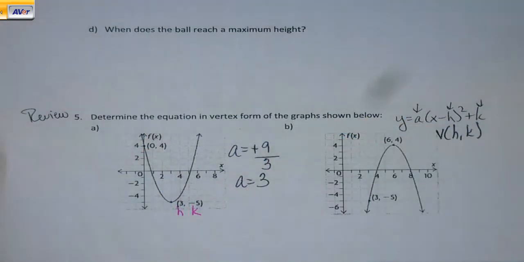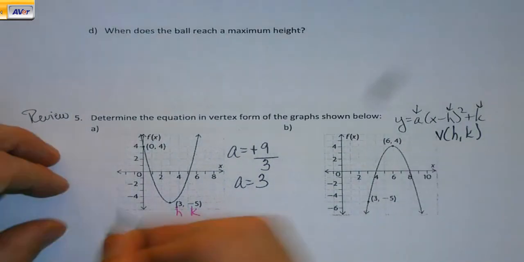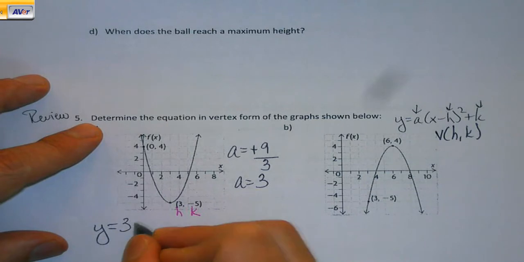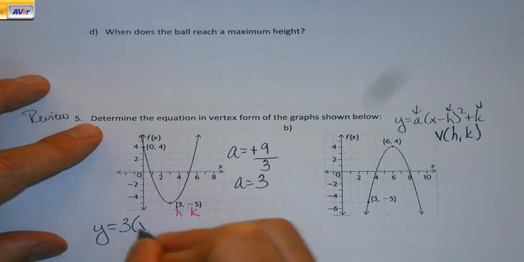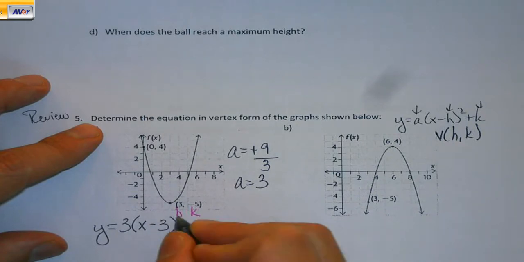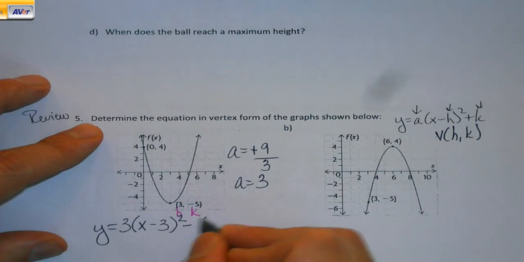And in this case, I can. 9 divided by 3 is 3. So I got everything I need. I got H, I got K, I got A. Let's do this. Y equals A, X, opposite of H, opposite of 3 is negative 3. And the plus K just means leave K alone.